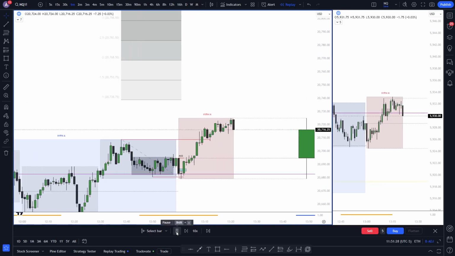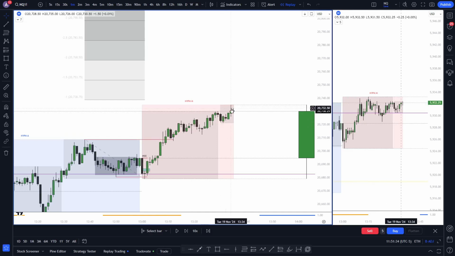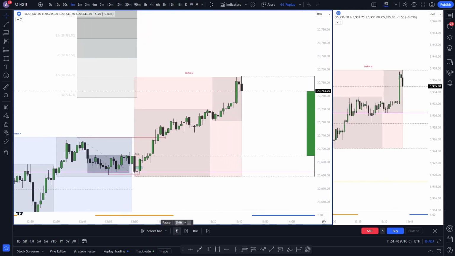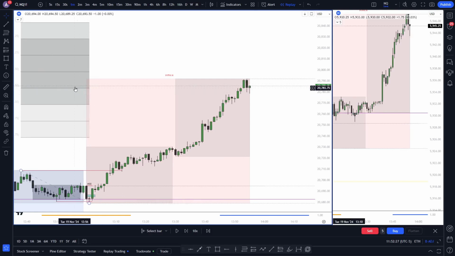So if we keep fast forwarding, as you can see, we start accumulating again. Now I don't have a problem with this accumulation because we are waiting for our next time cycle to open to distribute. Now, we're watching for reactions off of these standard deviations.